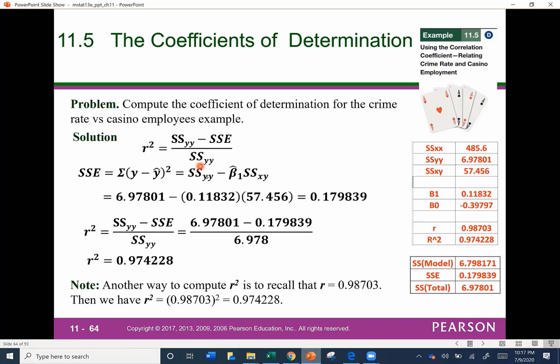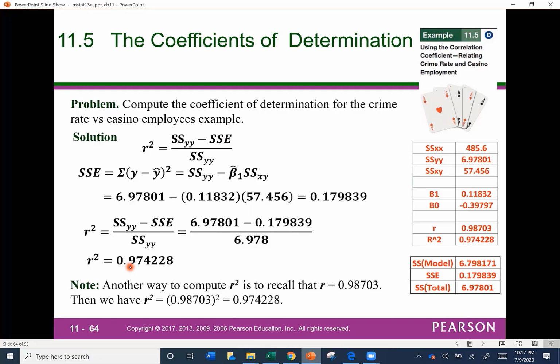When we substitute all of these values that we obtain in Excel into this formula, we can obtain the sum of the squares of all errors. And when we substitute the sum of squares of error here, and the sum of squares of all y, this number here and here, divided by the sum of squares of all y, we can obtain the coefficient of determination.